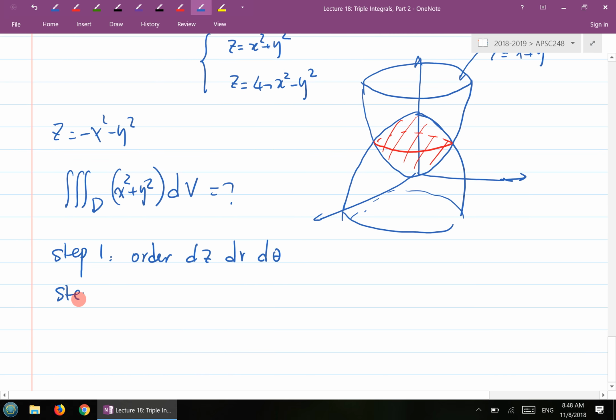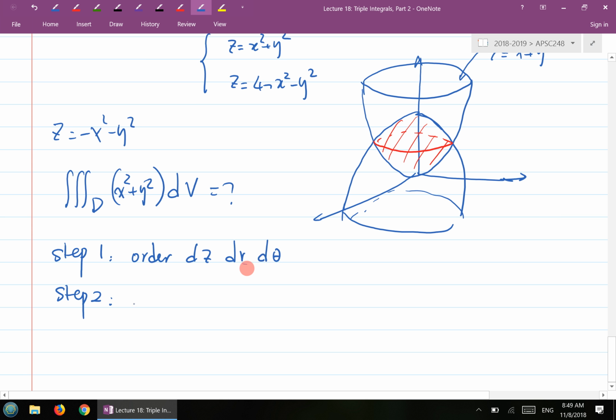Step number 2, very much like the Cartesian coordinates, is that you sketch the shadow of this 3D region in the r theta plane.